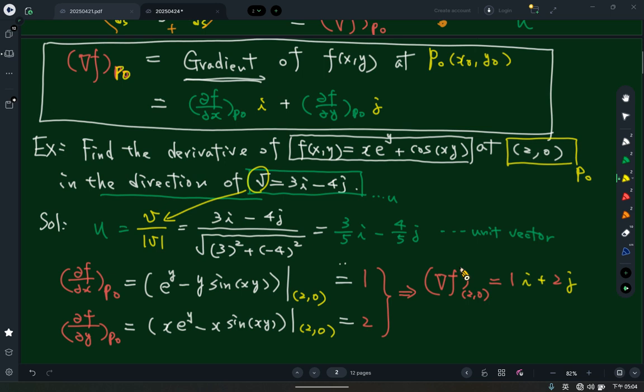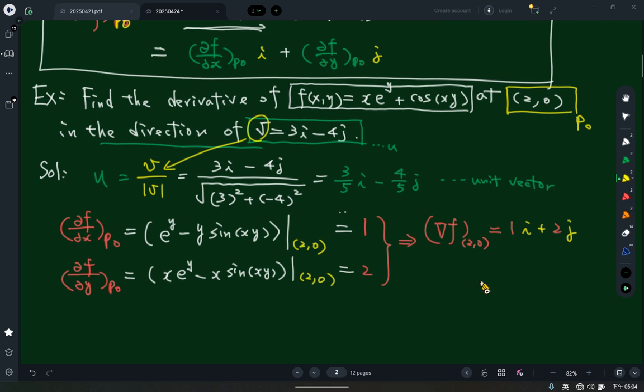Okay, so right now we already have u. We also have the gradient vector. So right now we just try to use the dot operation on these two vectors.